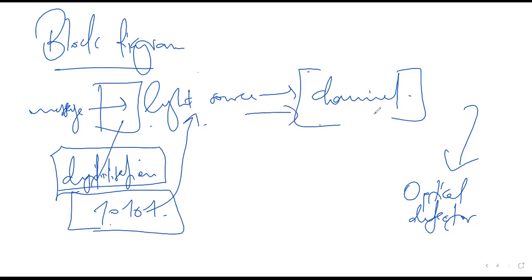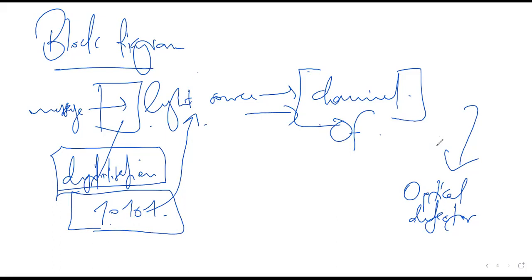Those on and offs go into the optical fiber, and that is how information is transported from point A to point B. Details of this are in the session video. You need to understand the block diagram of an optical telecommunication system. And there it is, in simple terms.